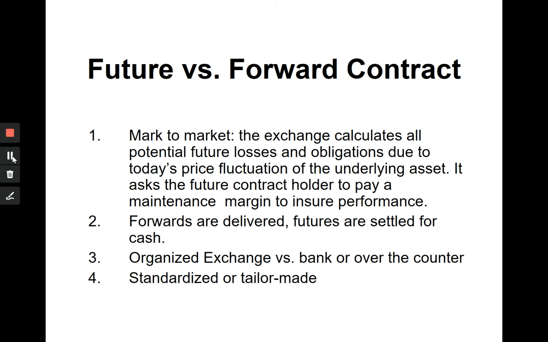However, future contracts also have certain things that are similar with option contracts. One of those things is that future contracts are standardized. There are many of them, they are traded on an exchange, and therefore they are liquid. It means you can buy and sell them at a market price and at a fair price get out of them. Forward contracts are not liquid. We usually stay in a forward contract and deliver at the end.